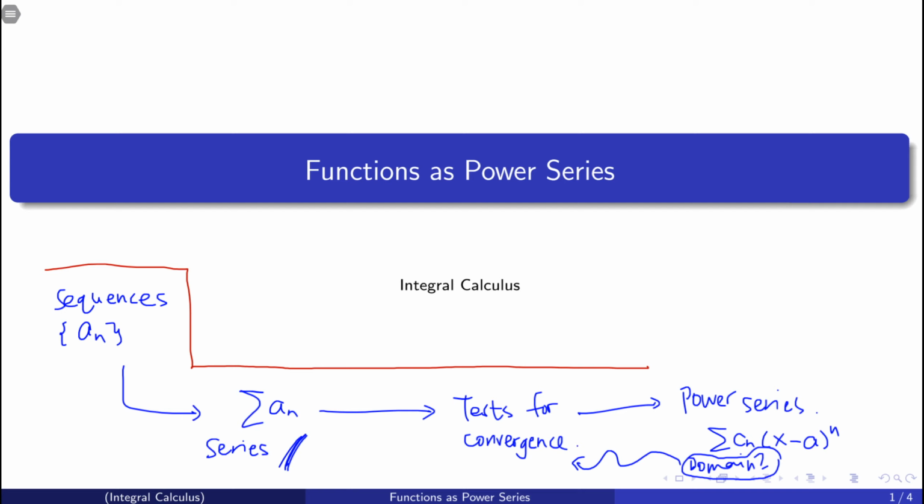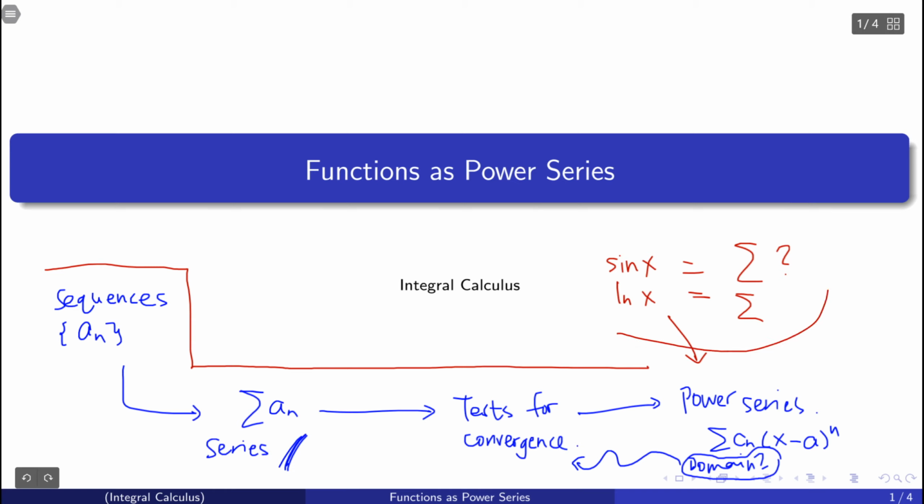What we're going to do at this point is look at functions and say, well, how can we represent these functions as these power series? For instance, is there a way to write sine of x as an infinite list of numbers added up? Is there a way to write ln of x as a series as well?